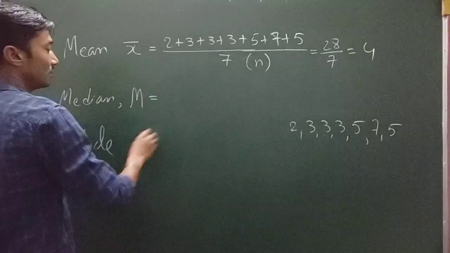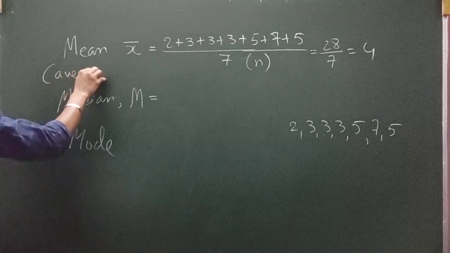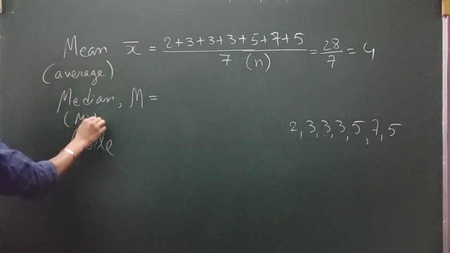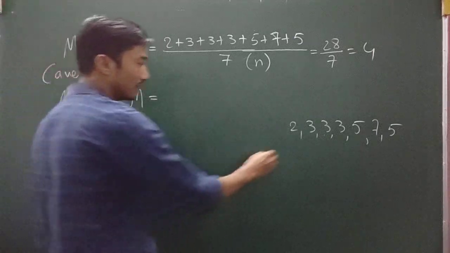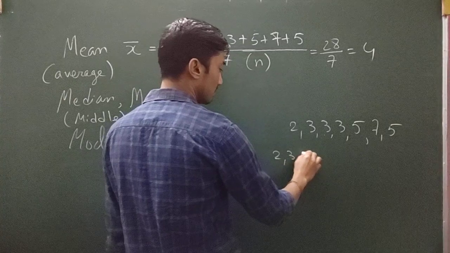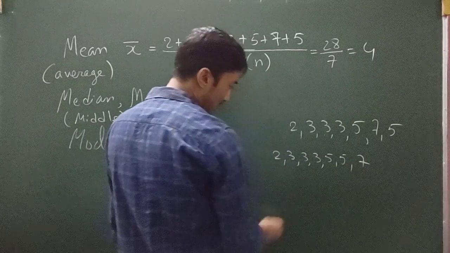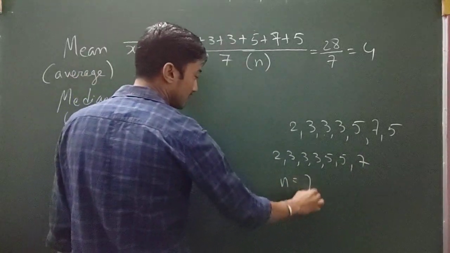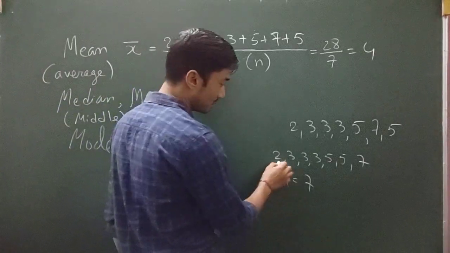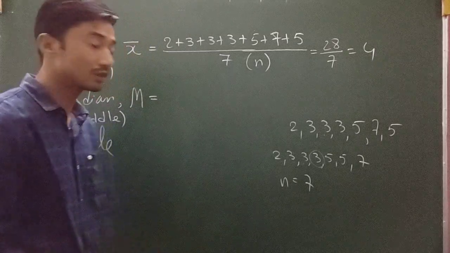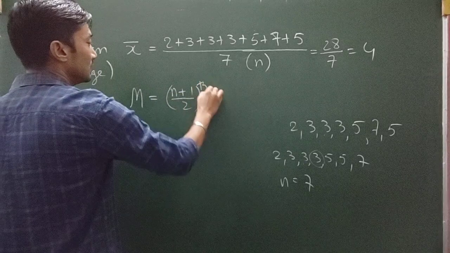Similarly, what was the median? Here the mean represents the average. In other words, the median represents the middle value. How do we proceed for the middle value? First we arrange the given data in ascending order, 2, 3, 3, 3, 5, 5, 7 (ascending or descending order doesn't matter). How many observations do we have here? Here n is 7. For odd numbers it's very simple because there is a middle value, so we can easily predict it. Otherwise, formula wise, it's the (n plus 1) divided by 2 item.